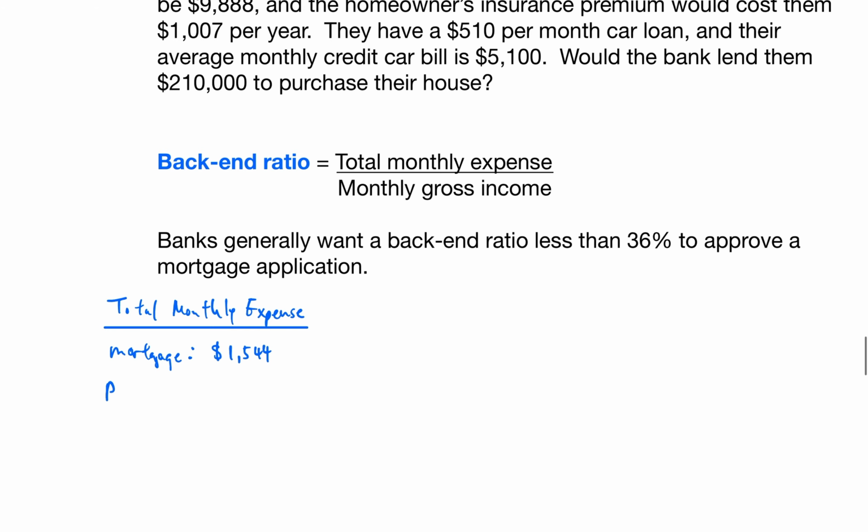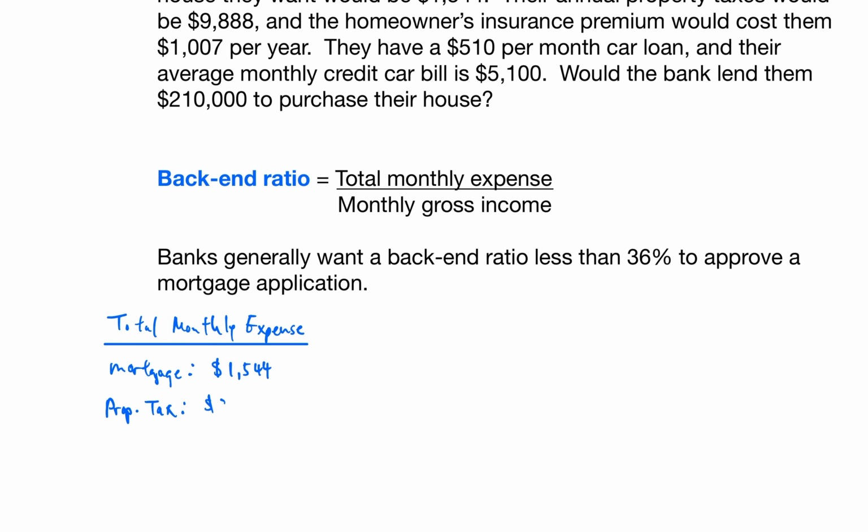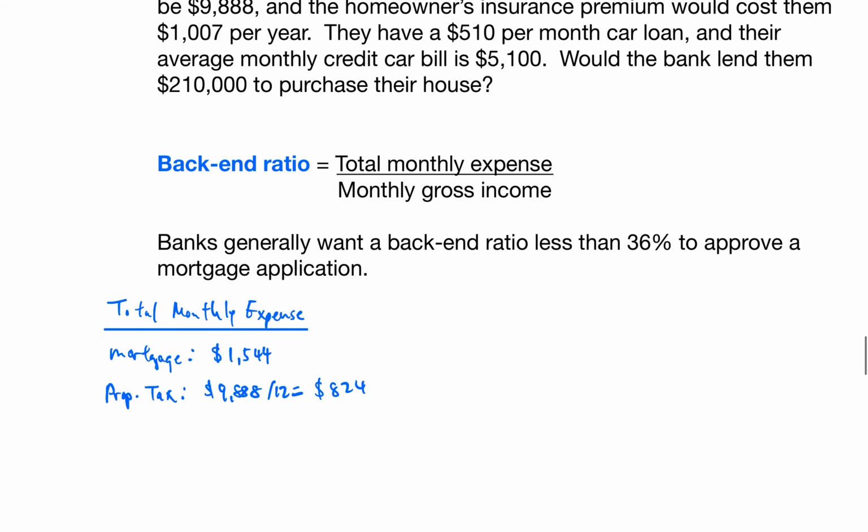And then the property tax is going to be $9,888 divided by 12, which works out to $824. They also have home insurance. That's going to be $1,007 divided by 12 months. And that works out to $83.92.